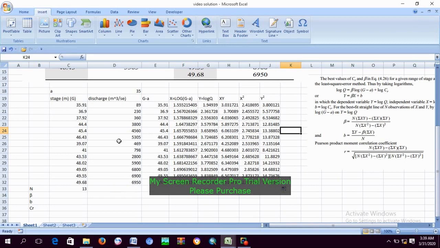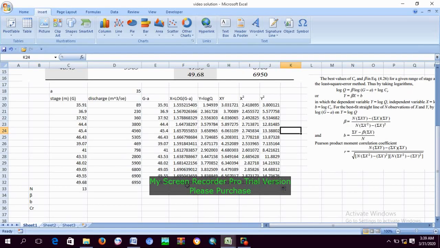So sum of this value, sum of this value, sum of this value, and sum of this value.